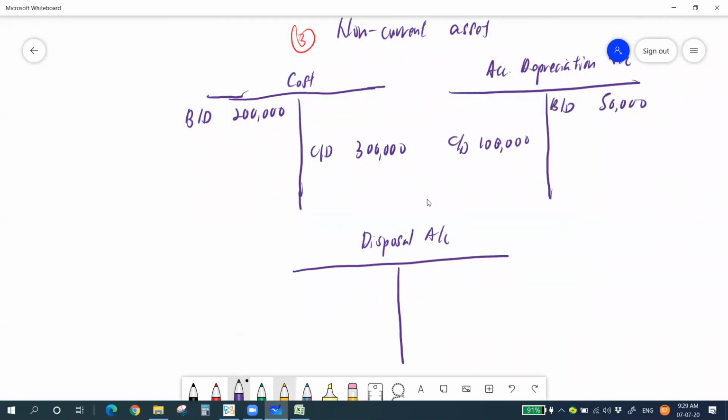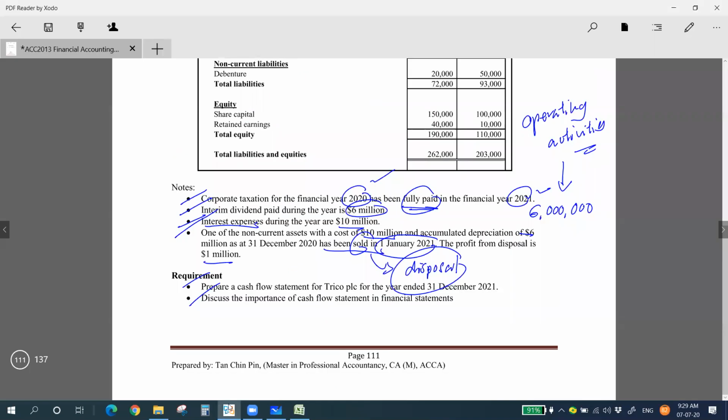So they say that the cost for this disposal asset is 10 million and the accumulated depreciation is 6 million as at 31st December 2020, and this item has been sold in 1st January 2021.